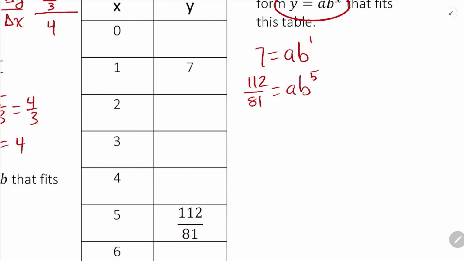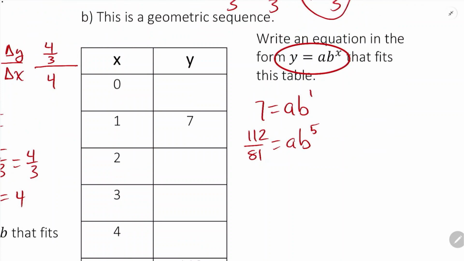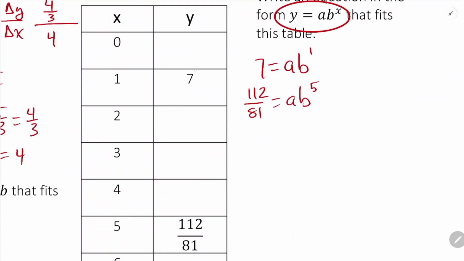I could isolate a in both of those, and then I could go through and solve for both a and b. I'm going to take a different approach. I'm going to observe that I start with the number 7, and I multiply by a bunch of b's. In fact, that's what I know about a geometric sequence: I keep multiplying by this common ratio.